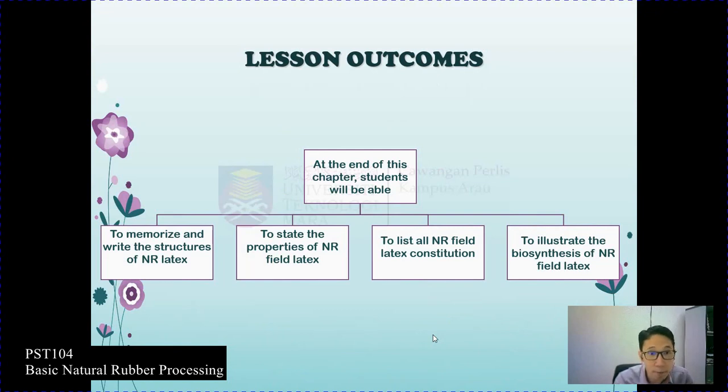This is very important because you might want to write your own structure and use it for test or final assessment. Okay, and then to state the properties of natural rubber field latex, to list all natural rubber field latex constitution. Okay, there is 4 latex constitution, and to illustrate the biosynthesis of NR field latex.